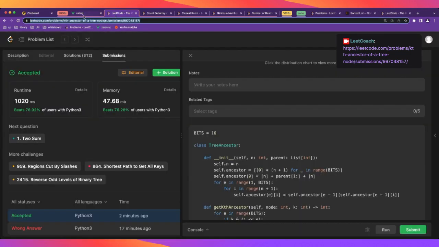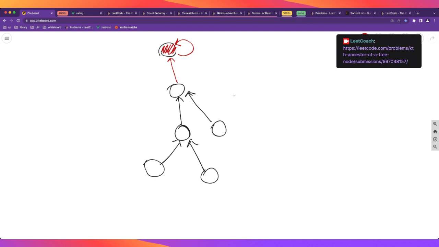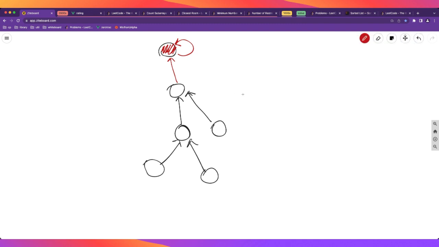So this technique works. It's pretty useful in general for tree problems. Notice that this is not necessarily a binary tree. It can be any number of children, any arbitrary tree. It is a rooted tree. And so this is useful also to find the LCA quickly.